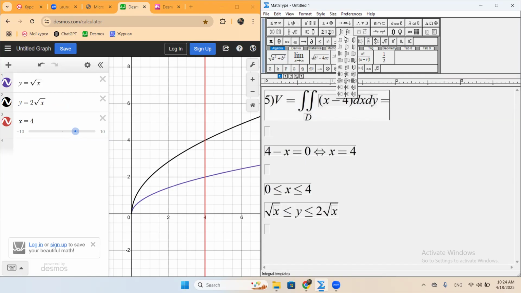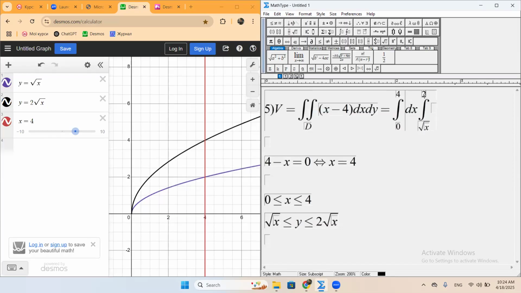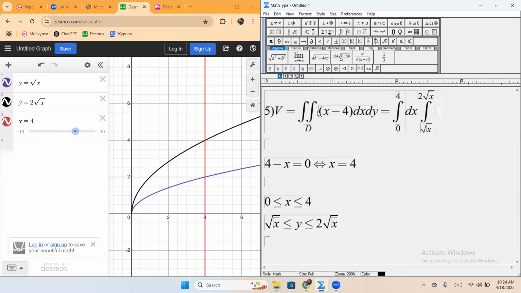So let's integrate. So from 0 to 4 dx, and from square root of x to 2 square root of x, 4 minus x dy.